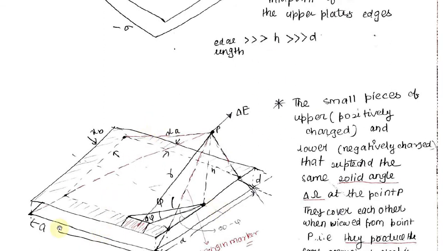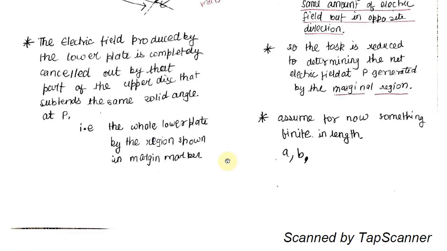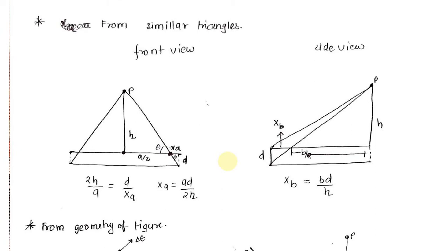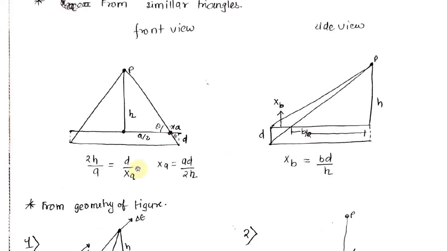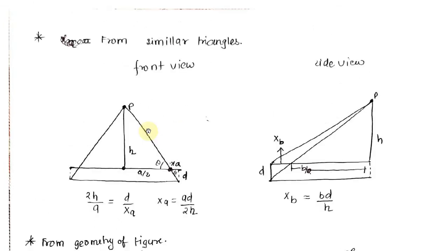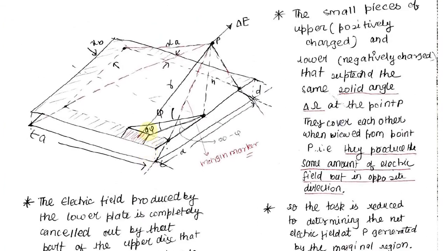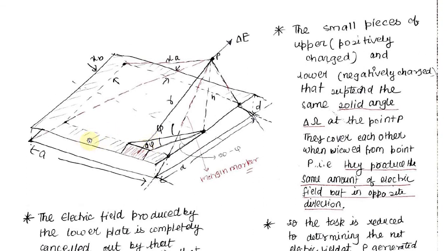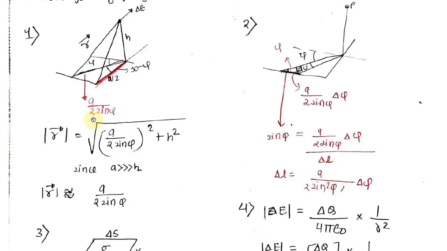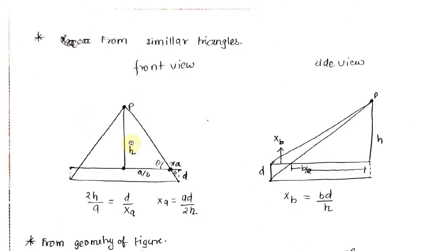So from similar triangles I can say that this is XA. The width of the margin will not be the same here. Here it will be XA and here it will be XB. I have assumed that it is XA and XB, so it will not behave as a square where all sides are equal.